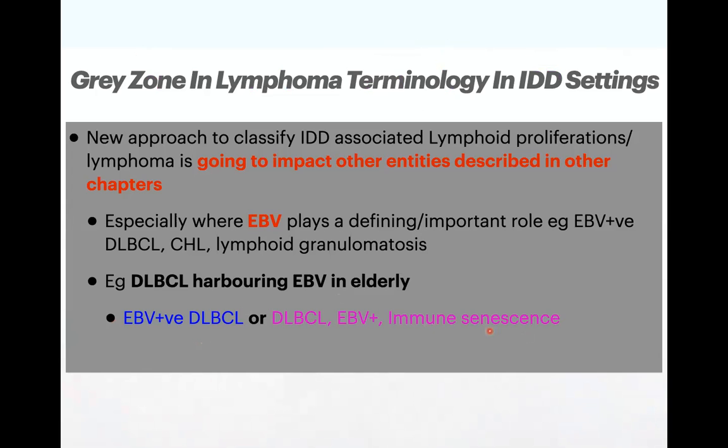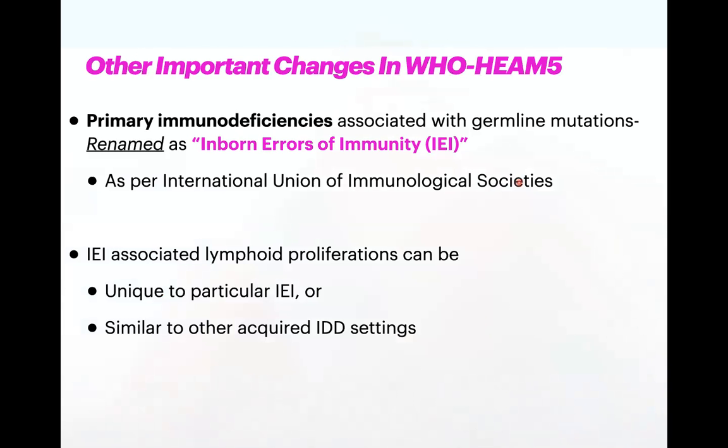And one more thing that I found in this article is about the primary inborn errors of immunity. In the previous edition, they described ataxia telangiectasia and Nijmegen breakage syndrome as primary immunodeficiency associated with germline mutations. But in this classification, they are described separately as lymphomas arising in germline syndromes, similar to the myeloid neoplasms associated with germline predisposition.